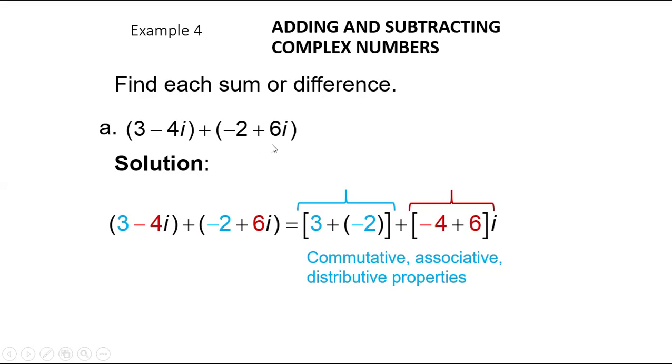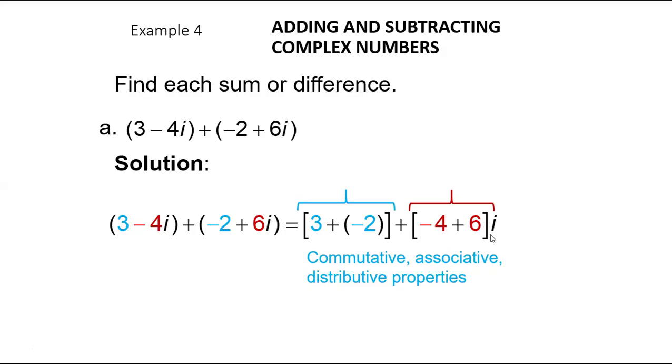So in the addition of both complex numbers, the two real numbers 3 and -2 would be written in this form first, plus, and at the second level -4 iota plus 6 iota would be represented over here.